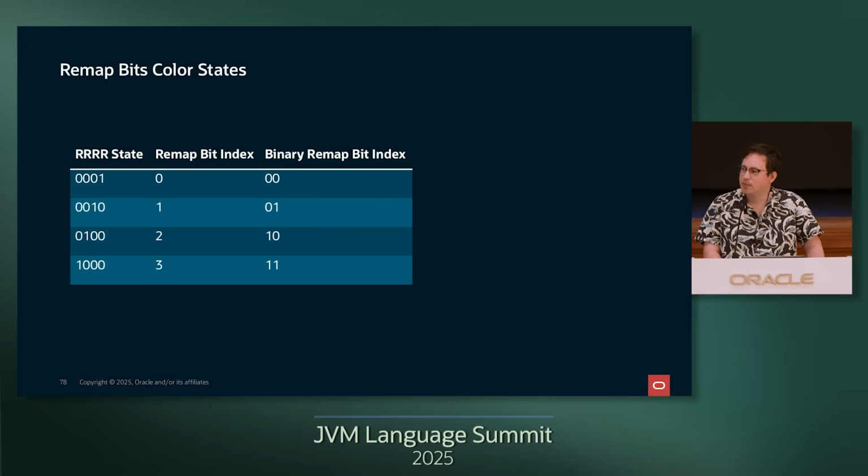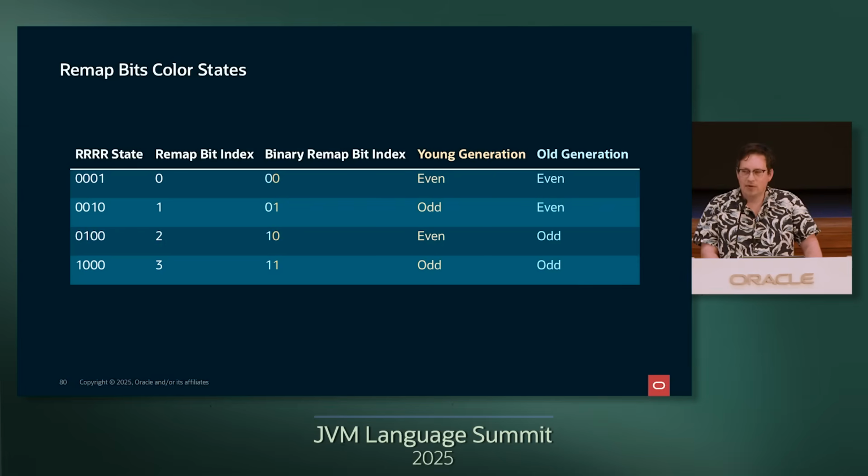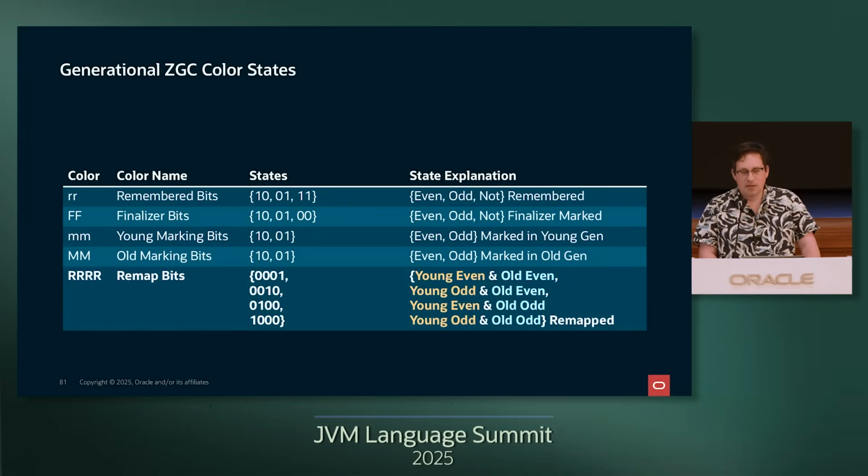Well, we can map the low order bits to the young generation and the high order bits to the old generation. And that way we can map this to even and odd states for the 2 generations, which is pretty cool in my opinion. It all makes sense.